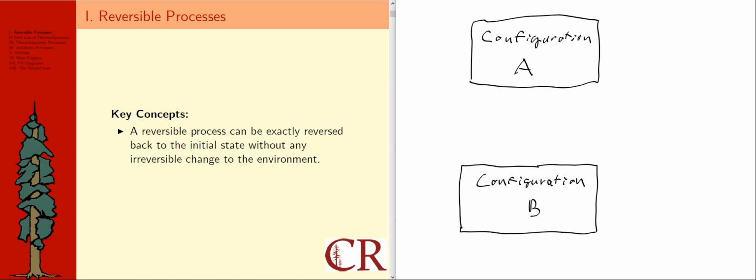Now that might sound a little bit different than what I said a moment ago, where I said a reversible process is one that makes sense in both directions. How do you relate that to what this is saying?